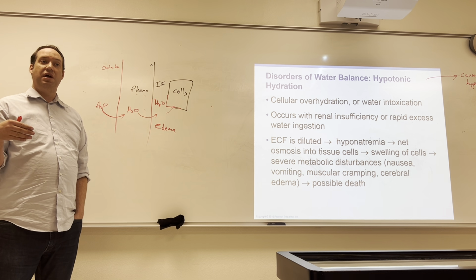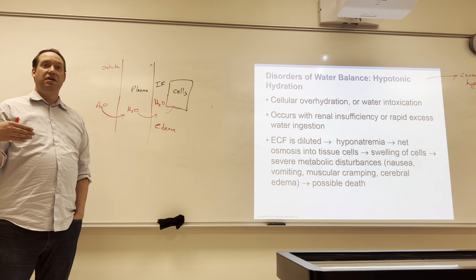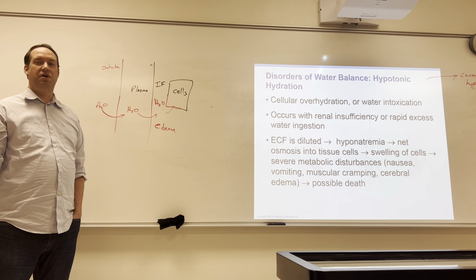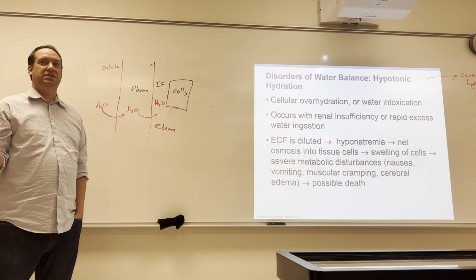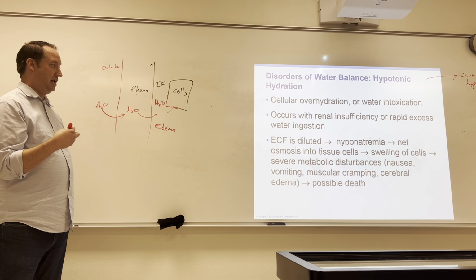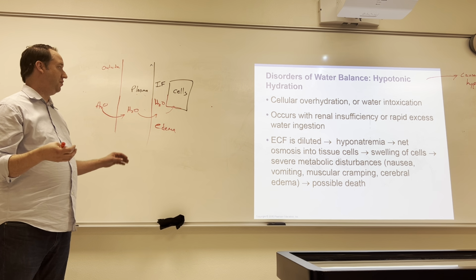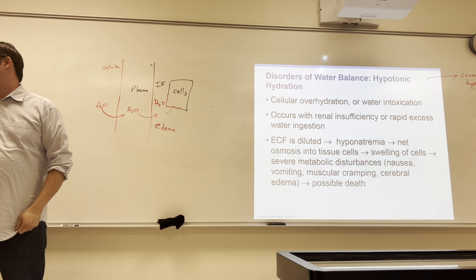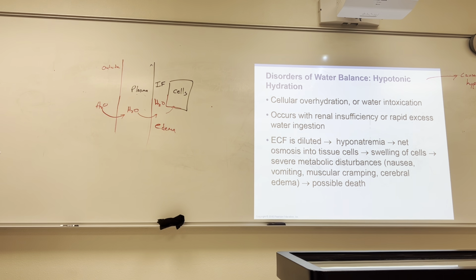But if we exceed that and your kidneys are trying to deal with it, but you just keep bringing it in, like, I'm gonna drink 4 gallons of water, what happens is you can't deal with it fast enough, and you're diluting that extracellular fluid, and it's building up out here. Not super common in healthy adults.